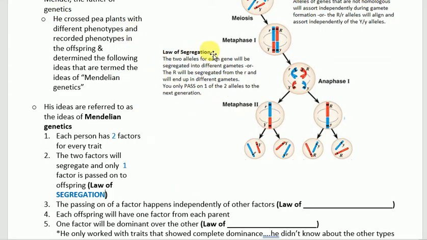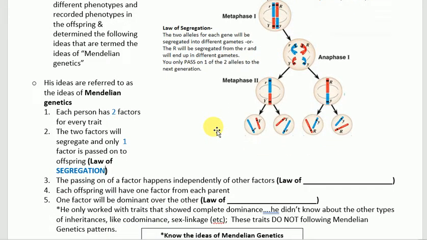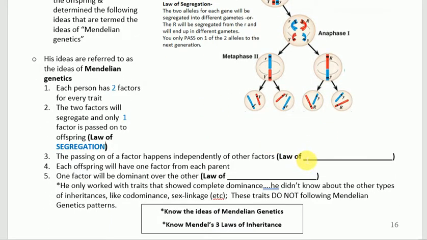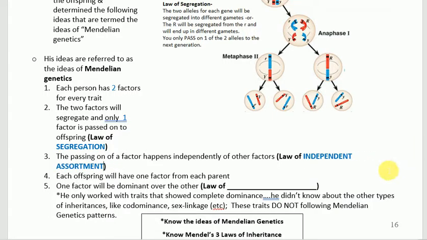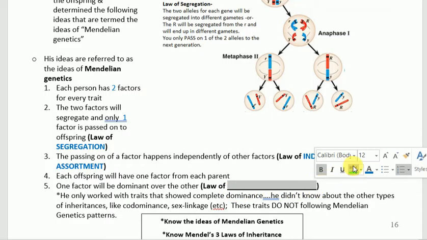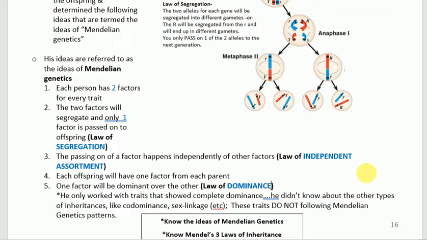The passing on of a factor happens independently of all other factors, and this is called the law of independent assortment. Each offspring will have one factor from each parent. One factor is going to be dominant over the other, and this is referred to as the law of dominance.